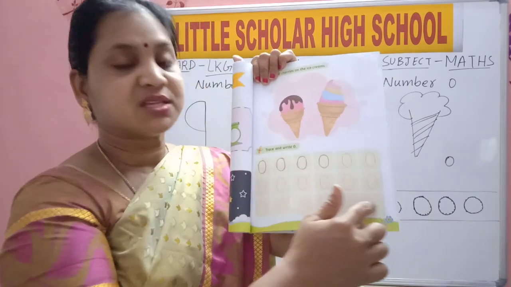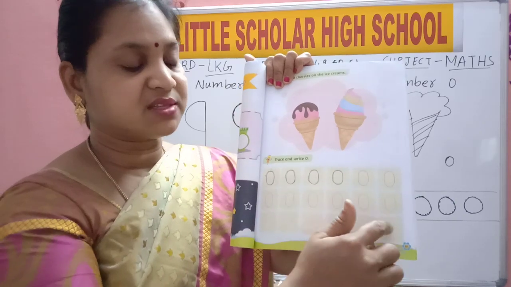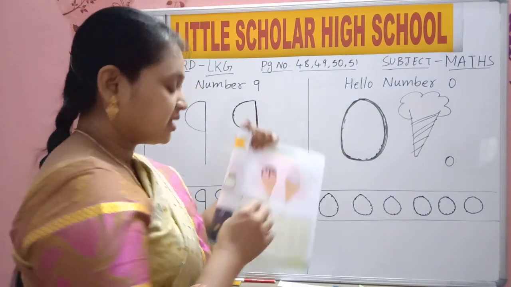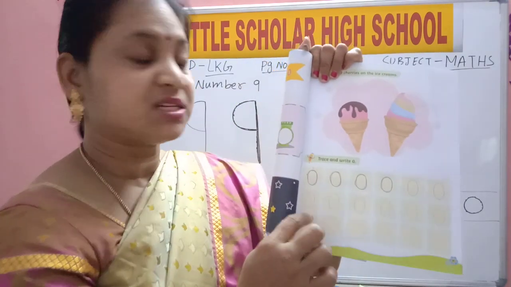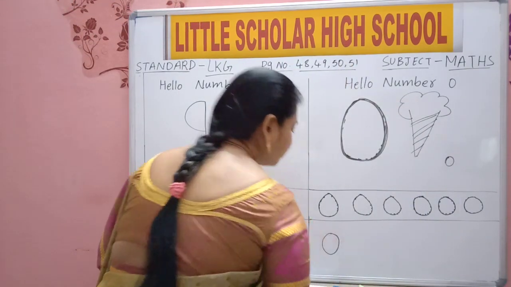Now in these boxes you should only write. Yes. In these 1, 2, 3, 4, 5, 6 boxes you should only write. They did not give you dots. Write it very neatly in that. Yes. Start. 0. Say and write.